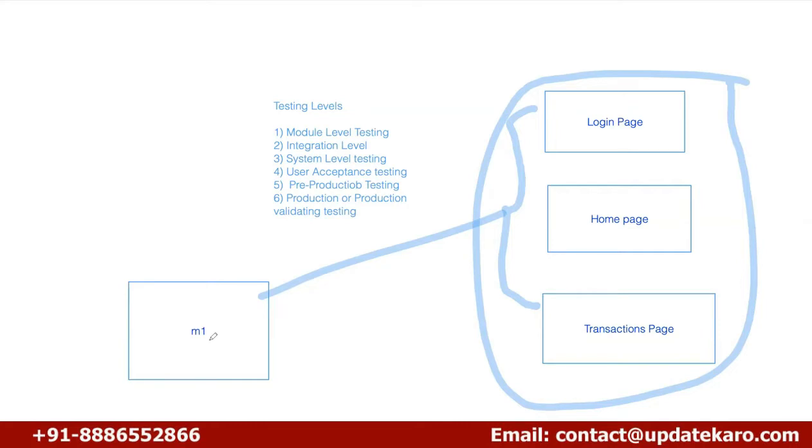So in system level testing, see here we are just entering only login details and able to enter the home page, but we need to test more. We need to check boundary value analysis, we have to check ECP, and we have to check the state transition and decision table. All these things we need to check here. Then only we can certify whether this product is a quality product or not.